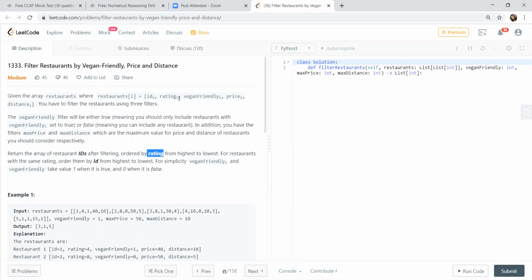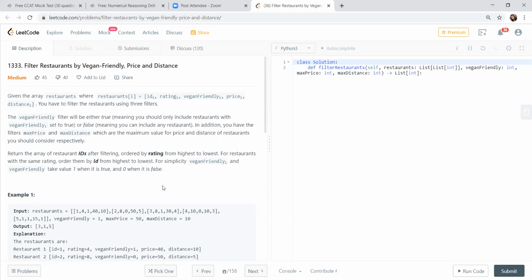Whatever the highest rating a restaurant has would be first. And then if restaurants have the same rating, we need to order them by ID, from highest to lowest.